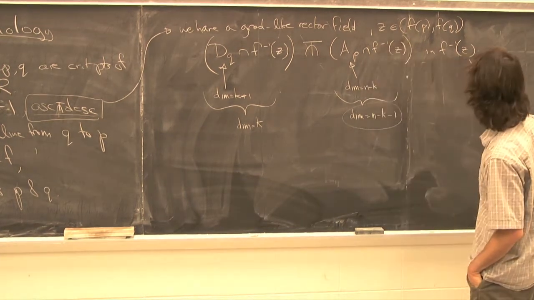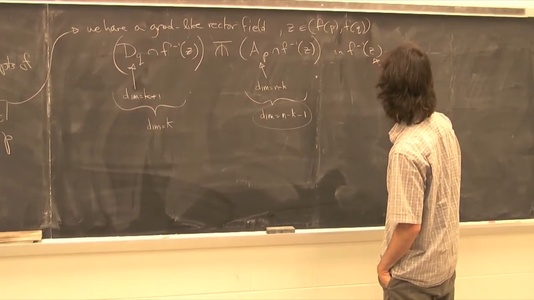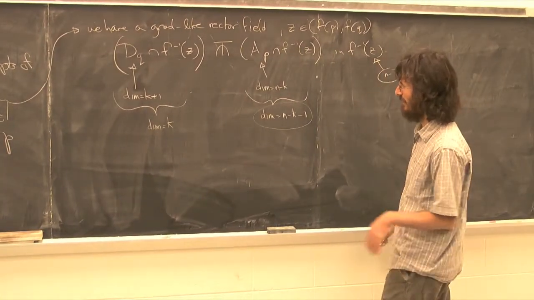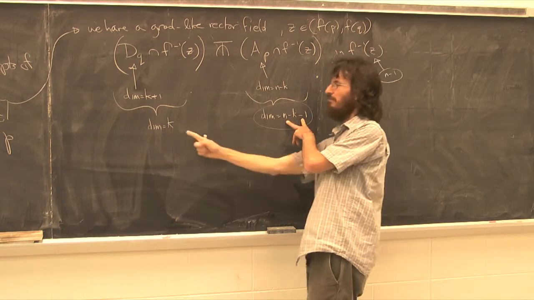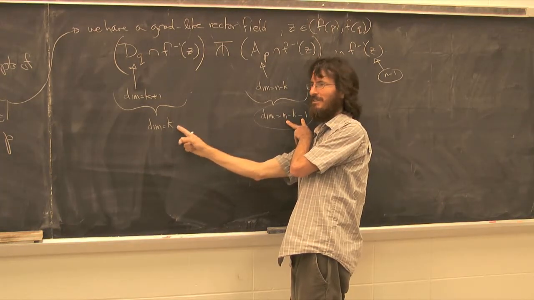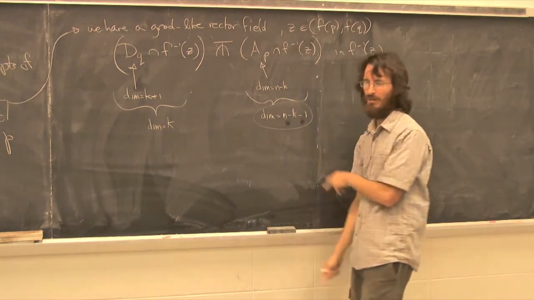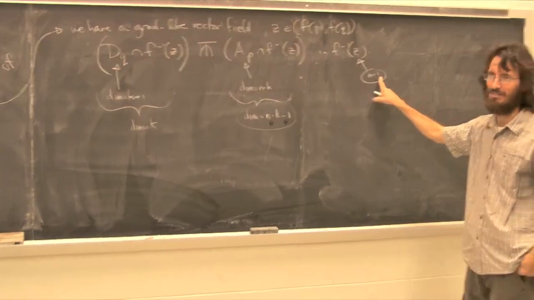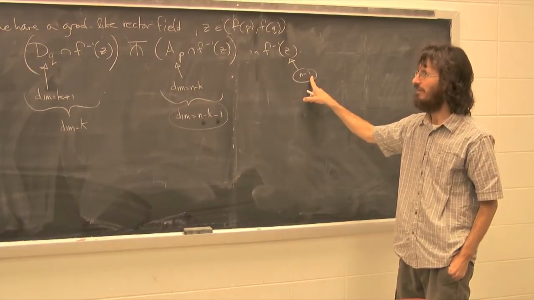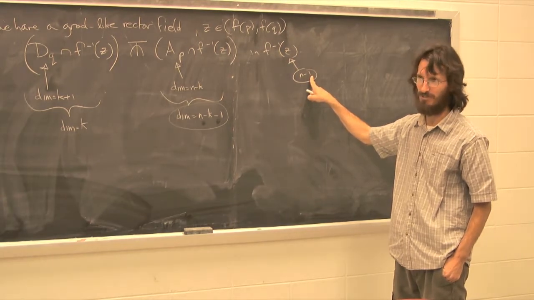And this is all happening inside this level set of dimension n minus 1. You notice that n minus k minus 1 plus k is n minus 1, so their dimensions add up. It's strictly complementary inside this level set. Therefore, we expect the transverse intersection to be points.